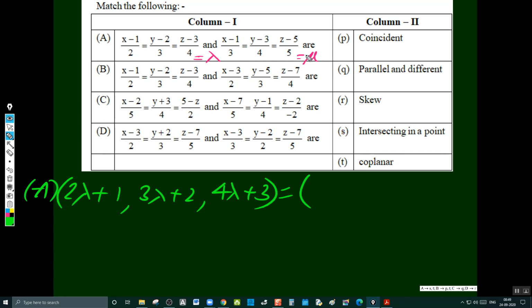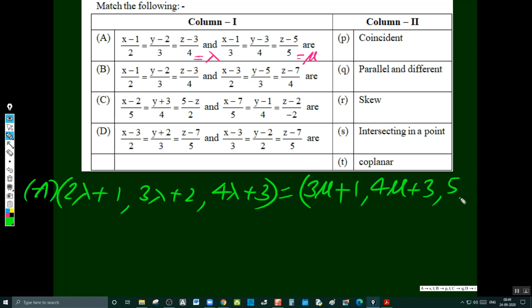Similarly, if you take mu here, this is 3 mu plus 1, 4 mu plus 3, and 5 mu plus 5.